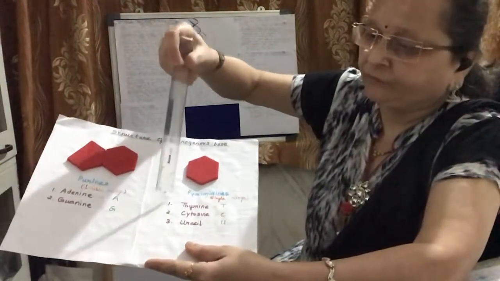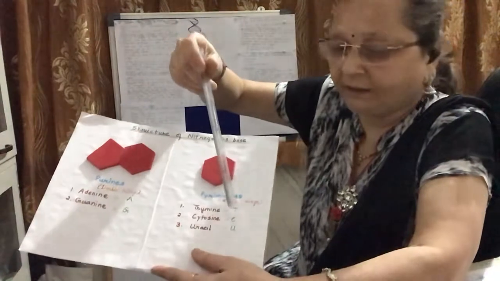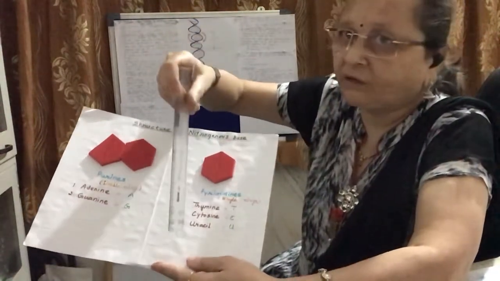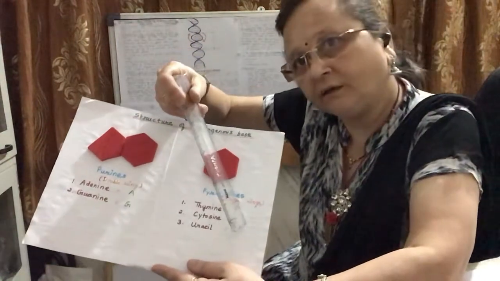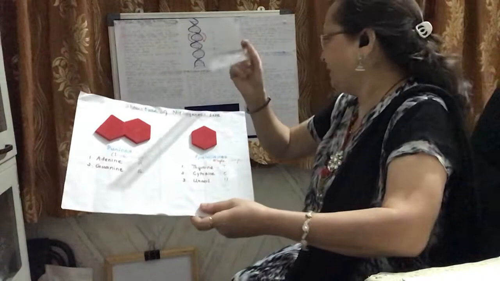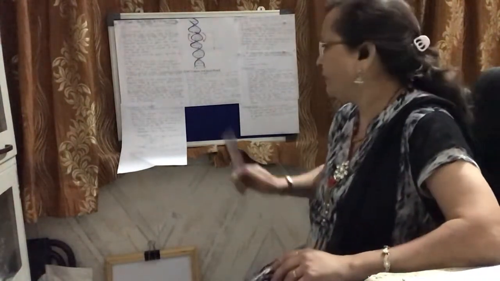Here 3 bases are there: thymine represents letter T, cytosine is represented by letter C and uracil by letter U. So these are the 3 types. Students, the difference in the size of the rings is very important because it helps the bases to pair properly.